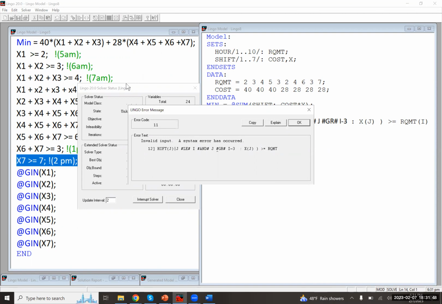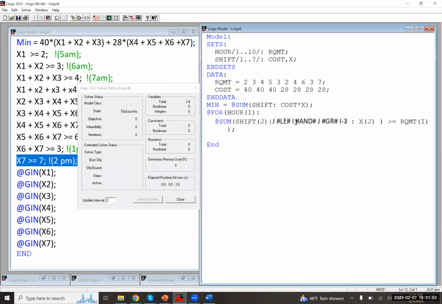Something's wrong. There's a syntax error. For hour I and assume shift J, I don't know why it has this.